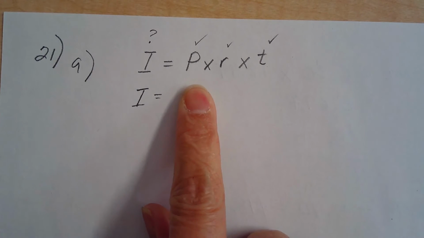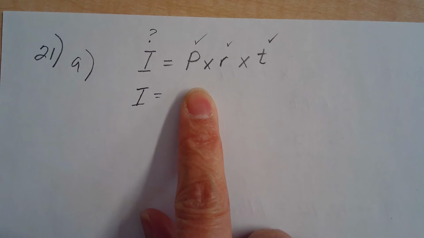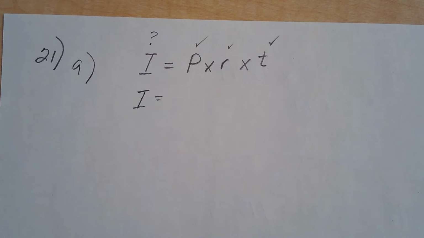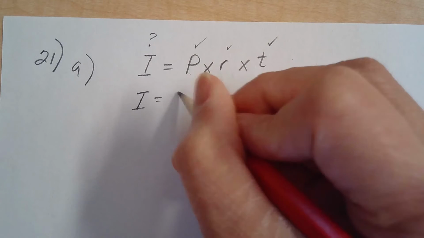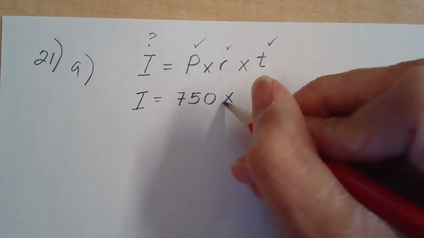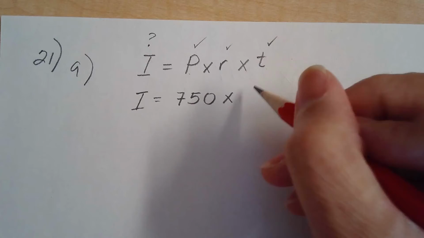Okay, so on the exam, 1 mark is for substituting properly. So make sure you substitute properly. In everything you do, substitute first. That's 1 mark. So principal is $750. That's how much the investment is. Rate is 3.5%. Okay, but 3.5% means 3.5 divided by 100.